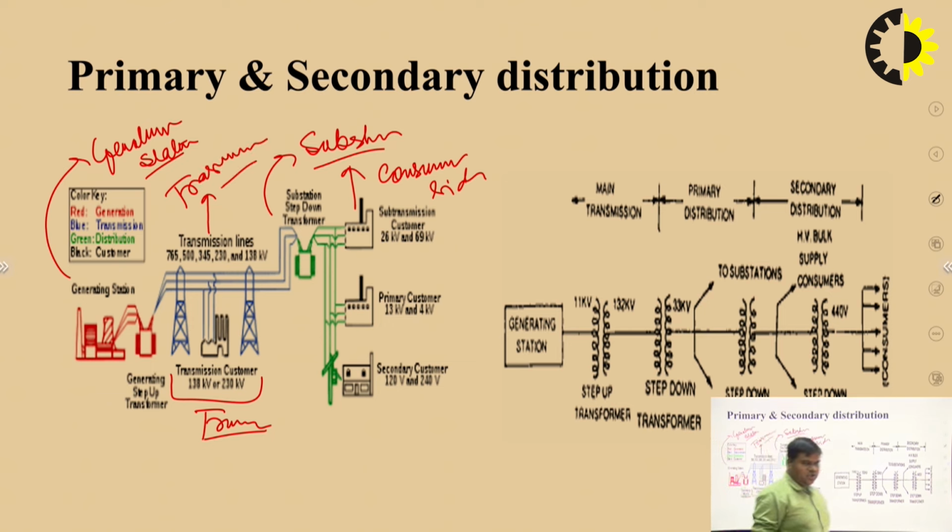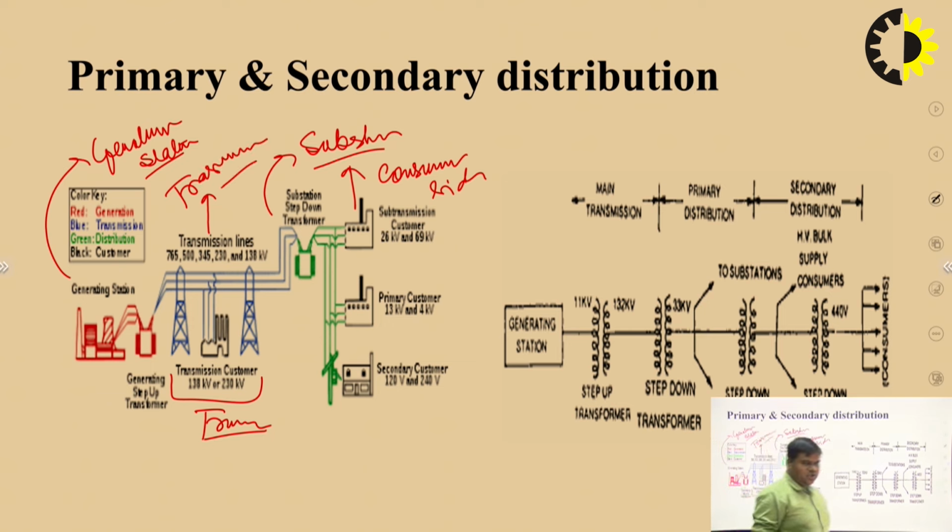This is a primary customer, and the voltage level is 13 kV and 4 kV, and this is the secondary customer side. This voltage varies from 120 volt to 240 volt. This is the basic block diagram of the distribution system which I discussed earlier in detail.